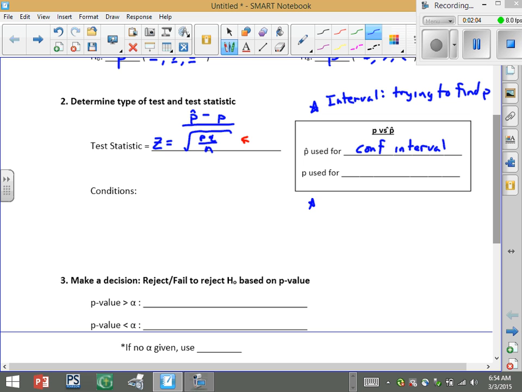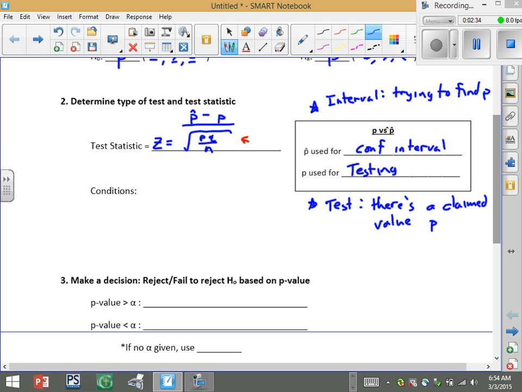With a test, you always use just regular p, because there's a claimed p. Somebody says, hey, I think I know what p is, so this is it. So we're going to test to see if that's true or not. An interval, we're trying to see where is the p. A test, we're testing to see if the one that someone claims is legit or not.